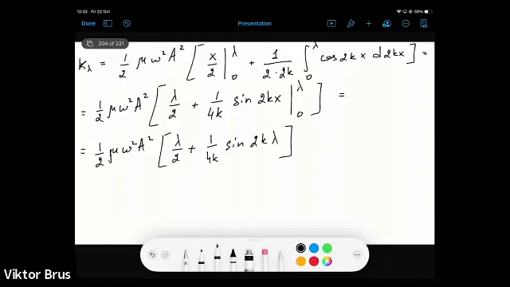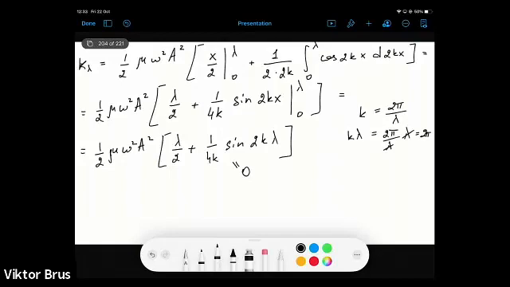If you remember this wave number, when we introduced it, k is equal to 2 pi divided by lambda. So now if we have k times lambda, that will be 2 pi over lambda times lambda. We cancel it out, it will be 2 pi. And sine of 2 pi or any multiple of pi will always be equal to 0. So this second term in the parentheses is equal to 0.